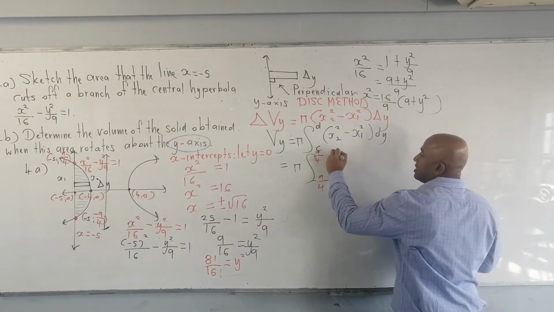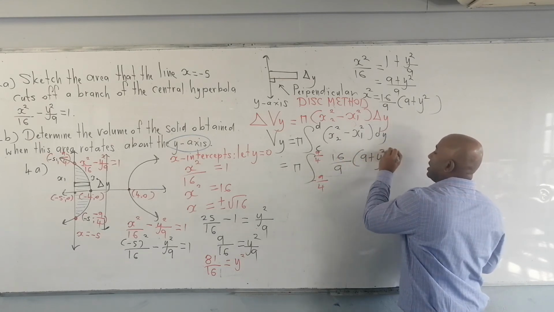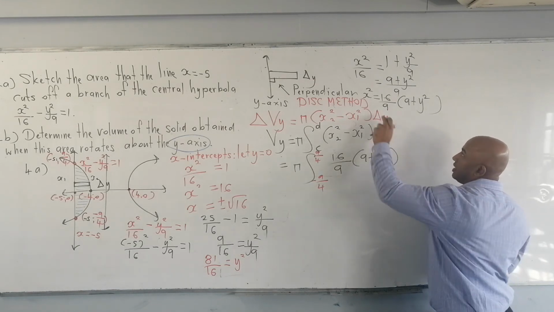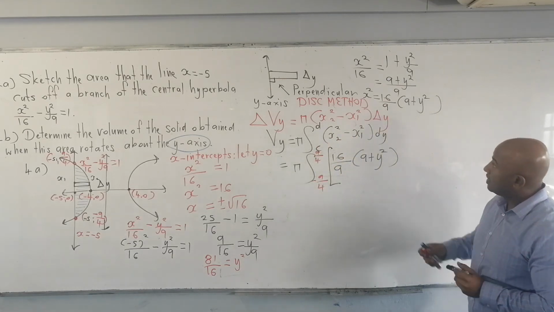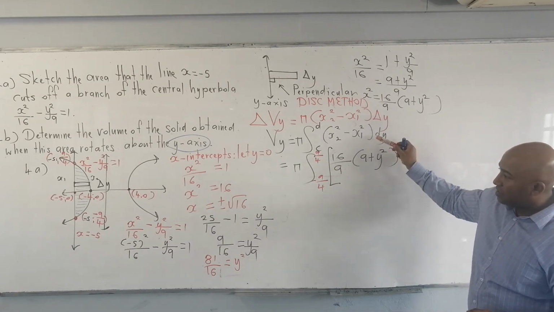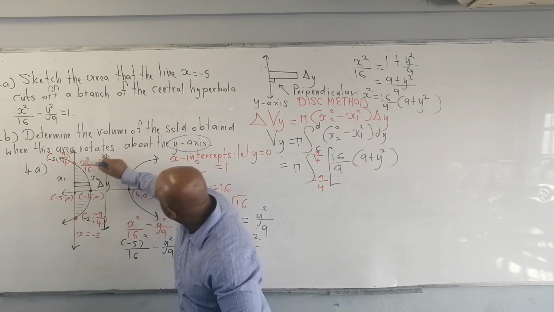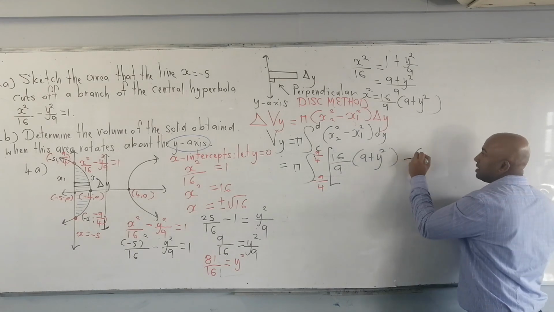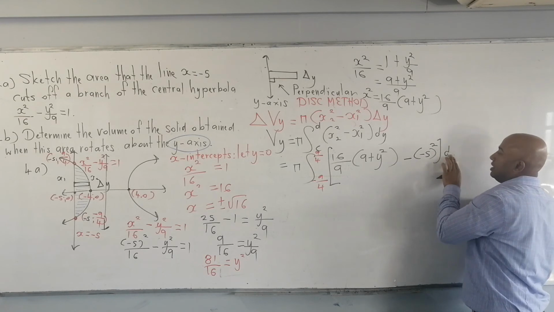So there's my 16 over 9, and that is 9 plus y squared. Okay, so that is my x2 squared. x2 squared, we are not finding the square root there. x1, what is x1? x1 is this line here. x1 is equal to minus 5. So that's going to be minus 5 squared dy.